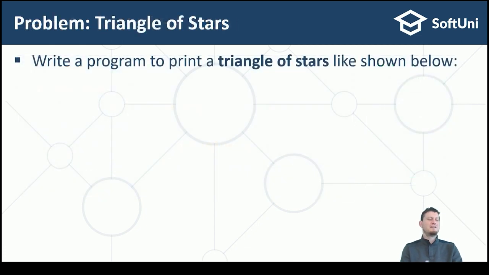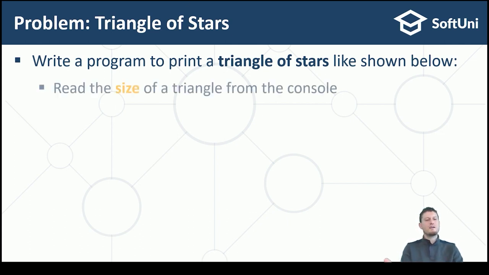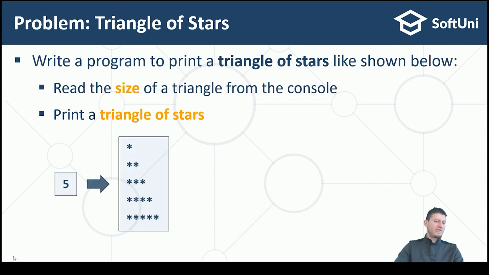Okay, let's solve our first problem using nested loops for today. It's about writing a program to print a triangle of stars, just like shown below. If the size is 5, we print 1 star, 2 stars, etc. until 5 is reached.